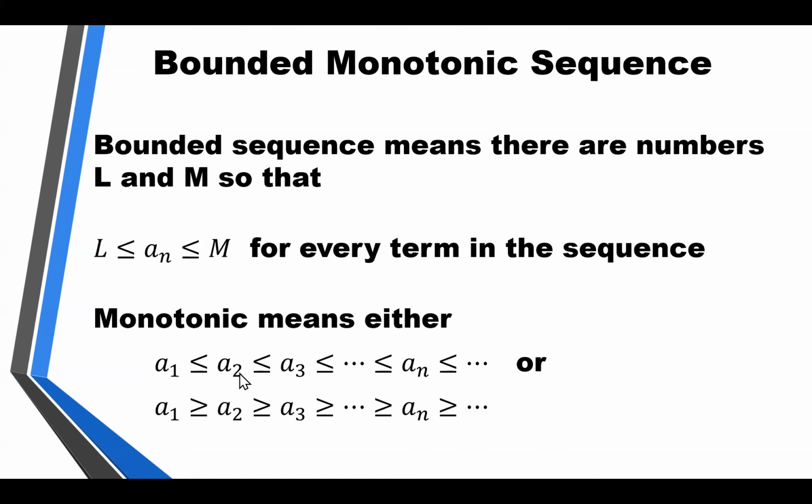If the terms keep getting bigger and bigger, but we can't ever cross over the M, then the sequence has to flatten out on the curve and therefore it's going to converge. If the sequence keeps getting smaller and smaller, but cannot cross over L, then it's going to flatten out and it will converge.